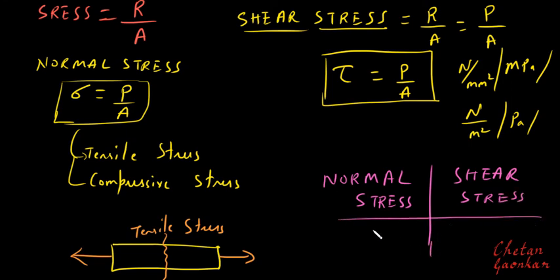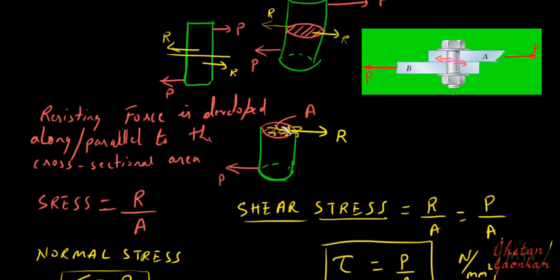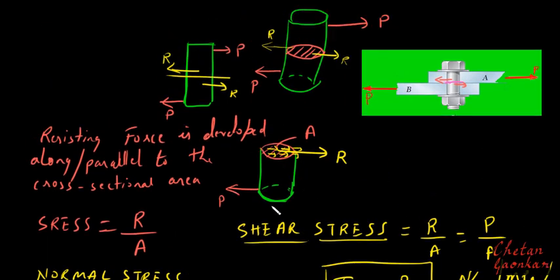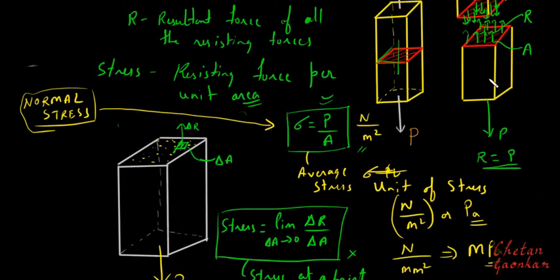Whether you come across bearing stress, bending stress, or twisting stress or torsion, they all will come either under normal stress or under shear stress. So these are the two types of major stresses which can be developed inside the material because of the external applied force.